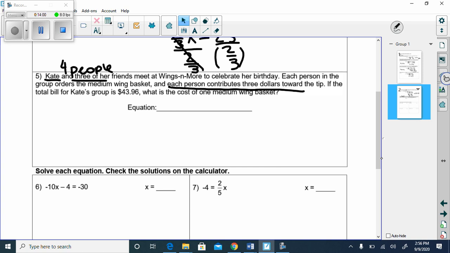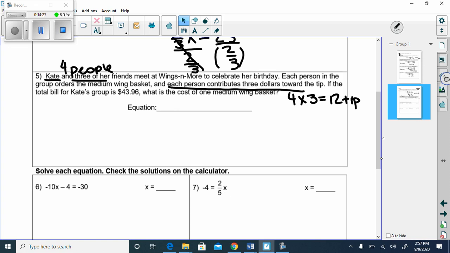So, if there's 4 people and they're each contributing $3, how much is that for the tip? 12. All right, so we got the people, we got the tip, now we just need to fill in the equation. We don't know how much that wing basket cost, but we do know how many we bought, right?